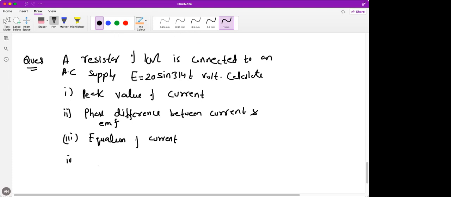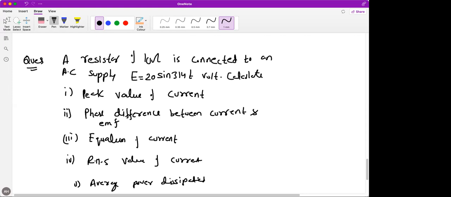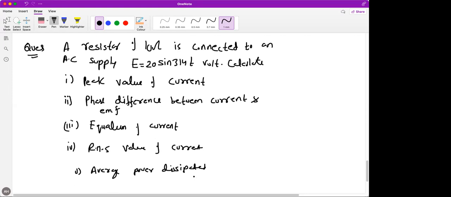Fourth, I need the RMS value of current. Fifth part, I need the average power dissipated. Note it down, then we'll start the calculations.